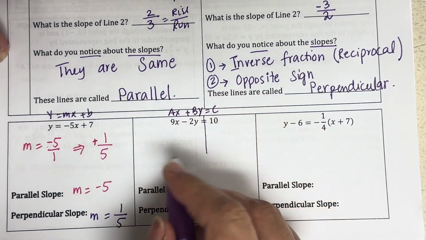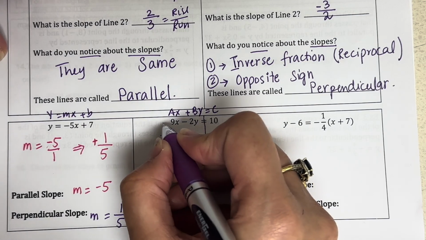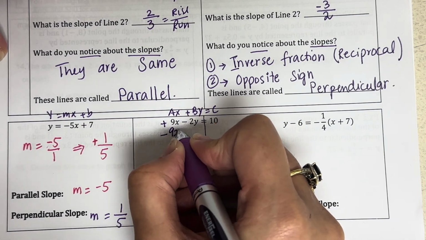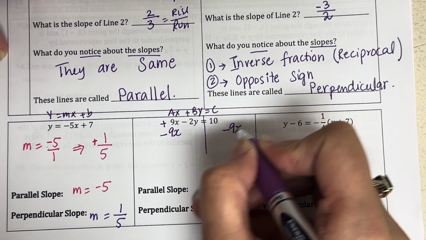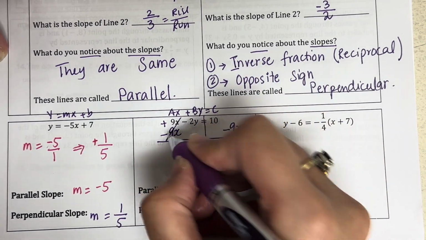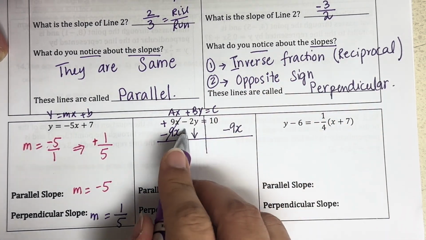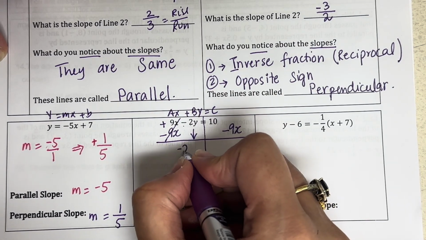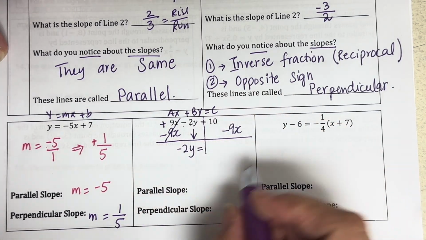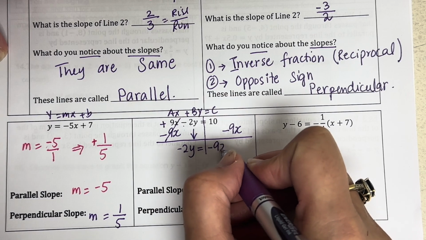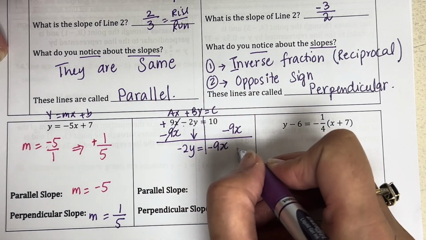So step number 1, move the x to the other side by doing the opposite operation. So this is positive 9x, the opposite is minus 9x. On both sides, it cancels out, bring down negative 2y equals negative 9x plus 10.